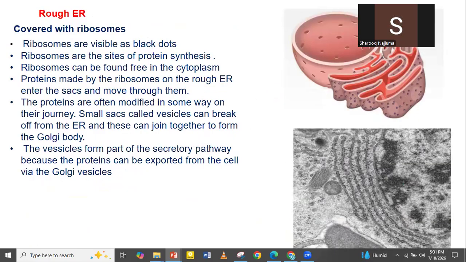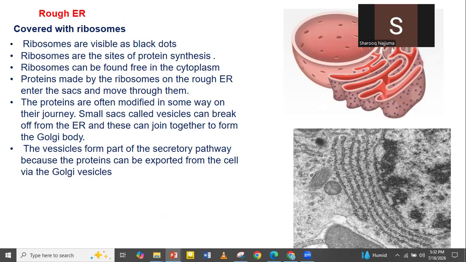Rough endoplasmic reticulum. So this 3D diagram shows you those flattened sacs I was telling you about. So this is the rough endoplasmic reticulum. These are the ribosomes attached on its outside. Still, this is the rough endoplasmic reticulum. You can see those black outside dots are the ribosomes. So what is the use of the rough endoplasmic reticulum?